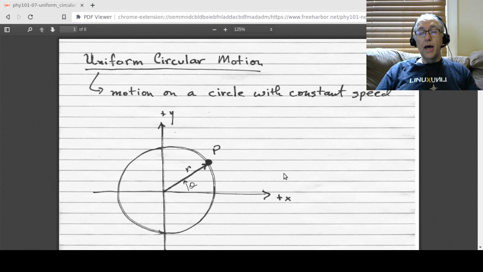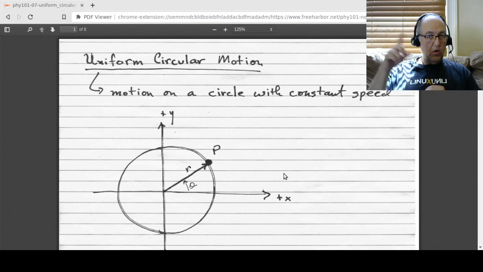Another example is planetary motion. Planetary orbits are actually ellipses, which we'll see very briefly in the course in a little bit, but they're very close to circles, so orbital motion is approximately circular. And maybe one more example: I remember this as a child at Fantasy Island.